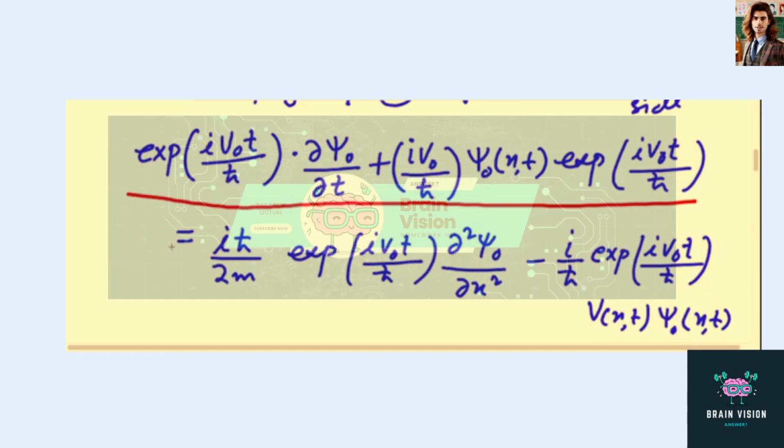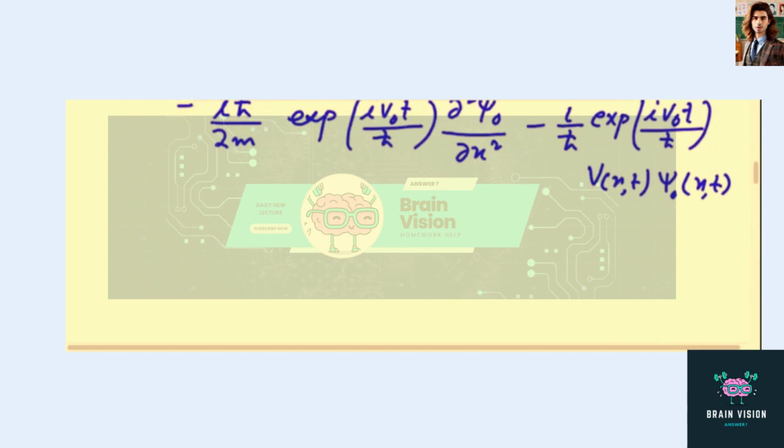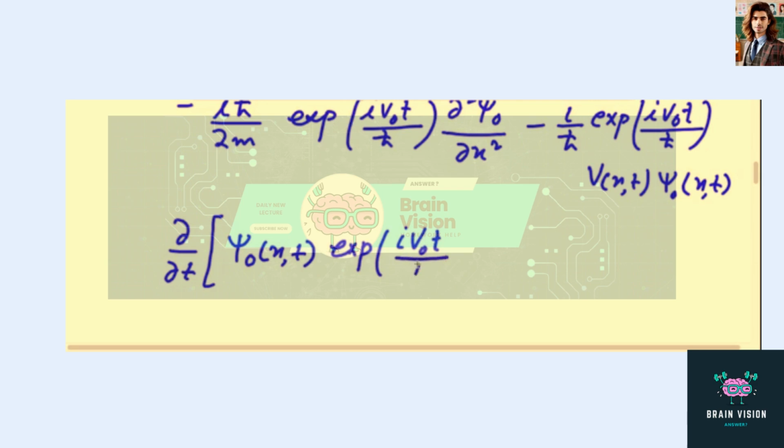That means we can write this as a derivative of time, del by del t of psi naught xt and exponential i V naught t by h bar.